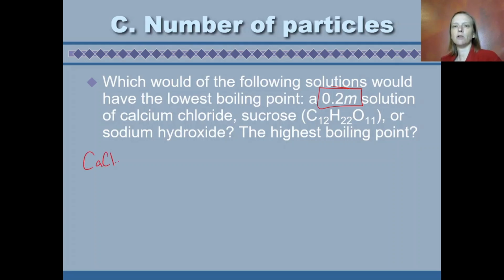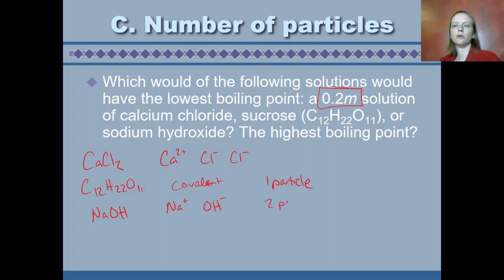So I have calcium chloride, sucrose, and sodium hydroxide. Calcium chloride splits into calcium ions and two chloride ions. Sucrose is a covalent molecule, so it just has one particle. And sodium hydroxide splits into sodium ions and hydroxide ions, so that's just two particles.